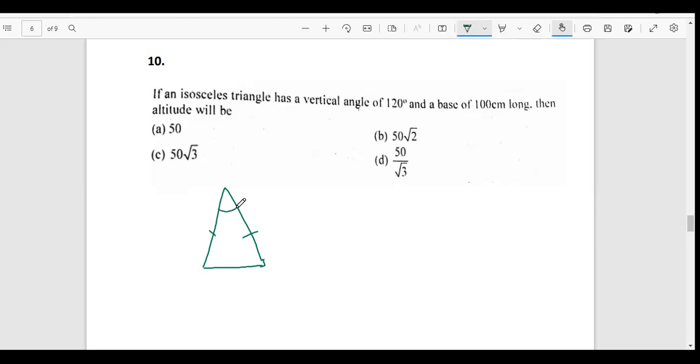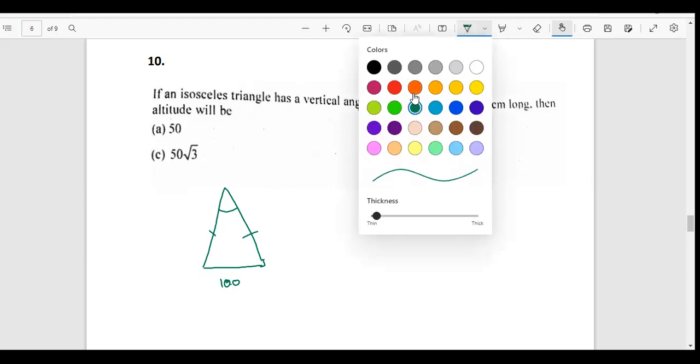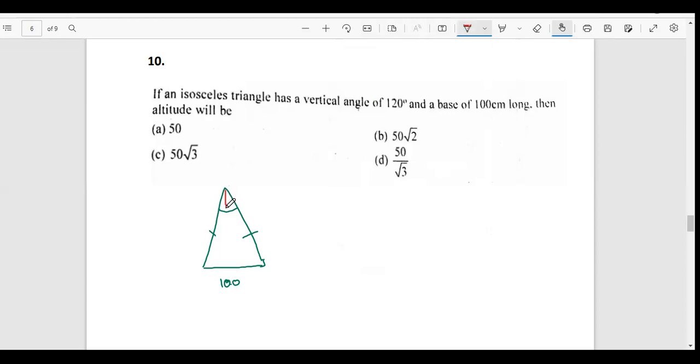This angle is 120 degrees. And the base is 100 centimeters long. This base right here is 100 centimeters long. You are interested in finding out the height of this triangle. We are basically interested in finding out this height right here. Okay?